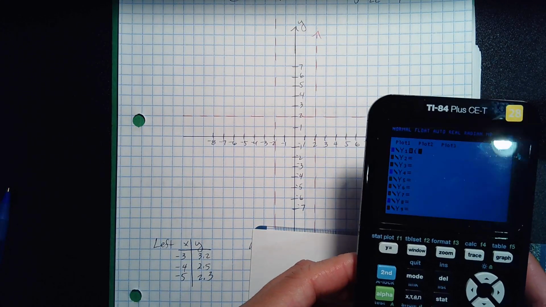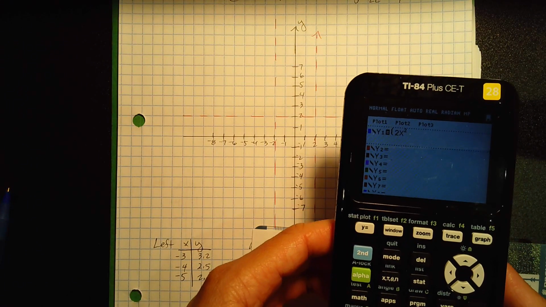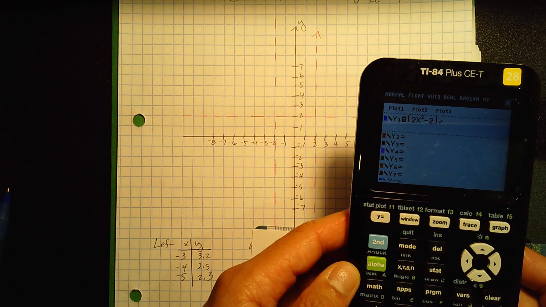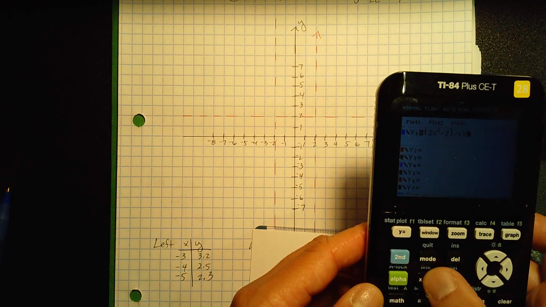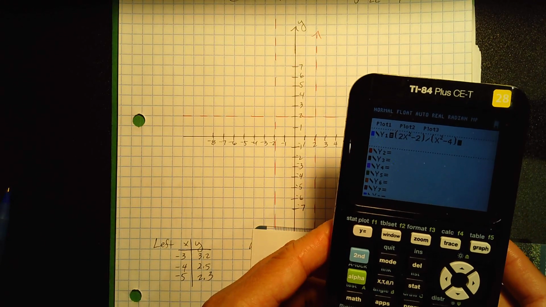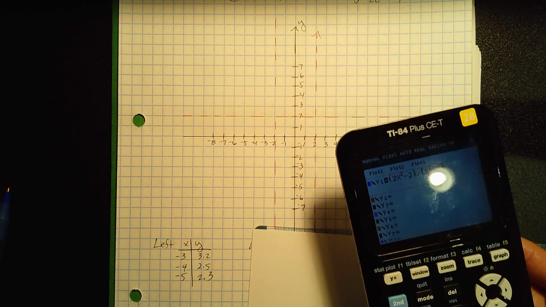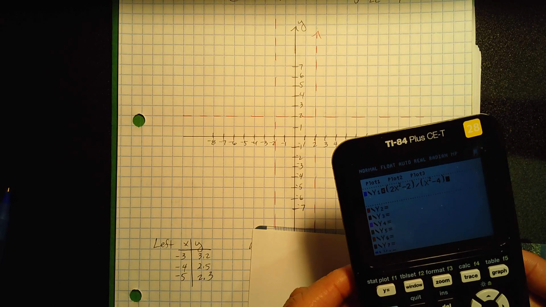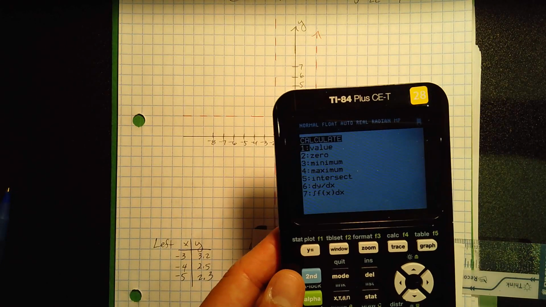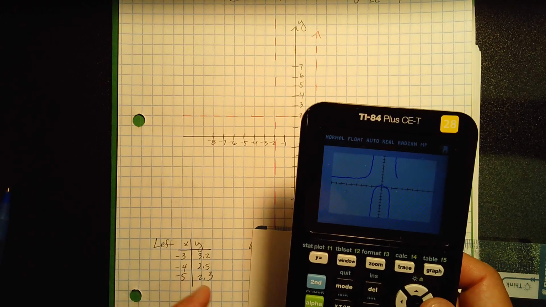Put parentheses 2x squared minus 2, close parentheses, divided by parentheses x squared minus 4. Instead of doing this by hand, all you have to do is put these values in the calculator. For example, put second trace, you're going to calculate a value, and you're going to find out what -3 is.